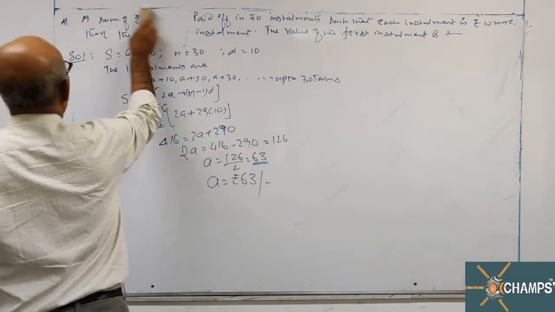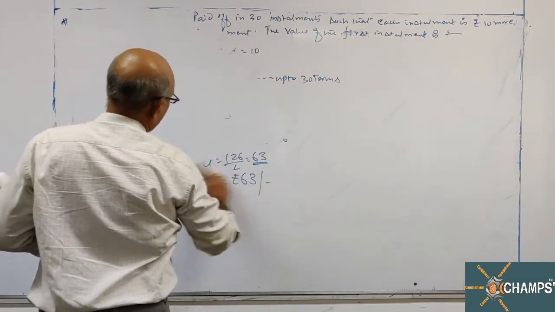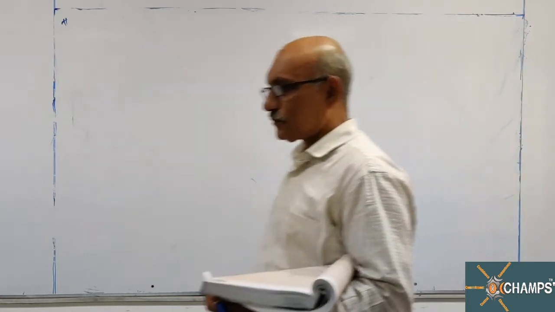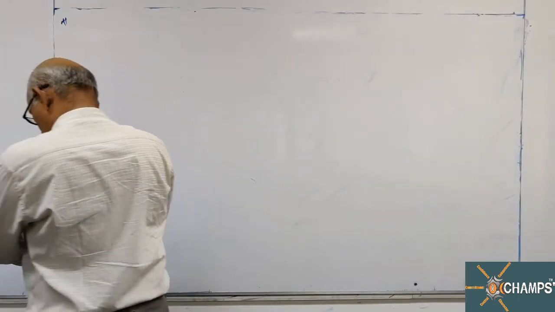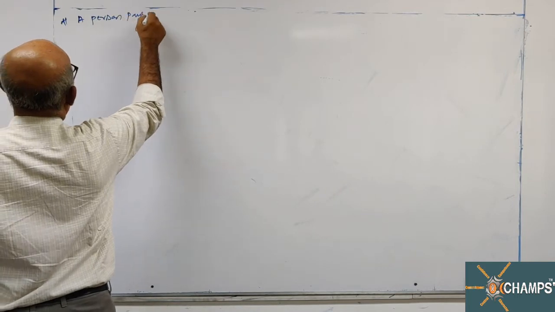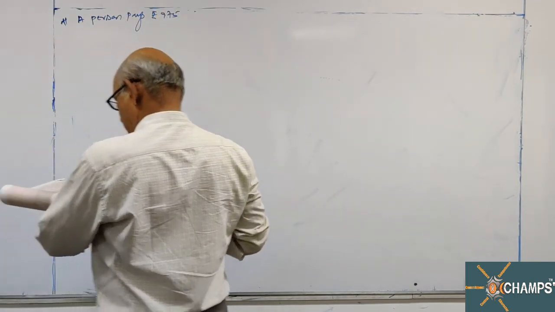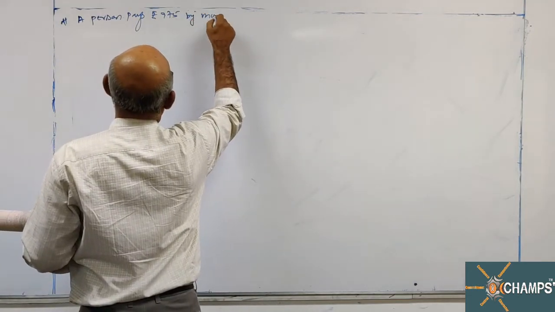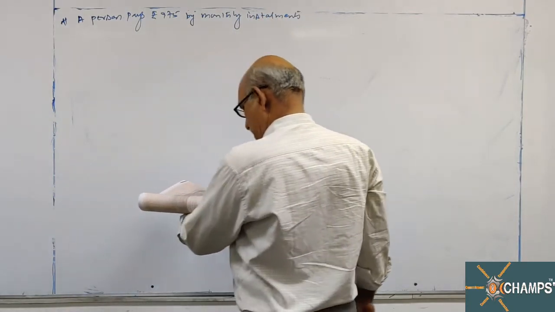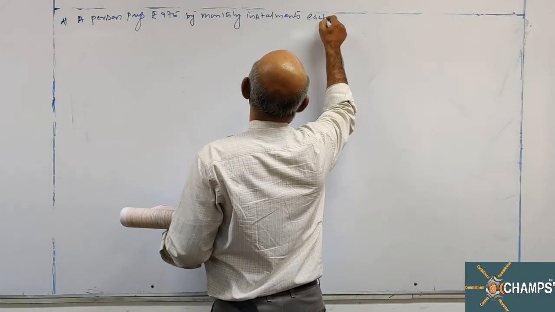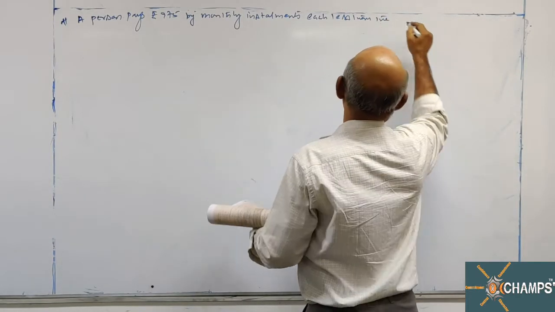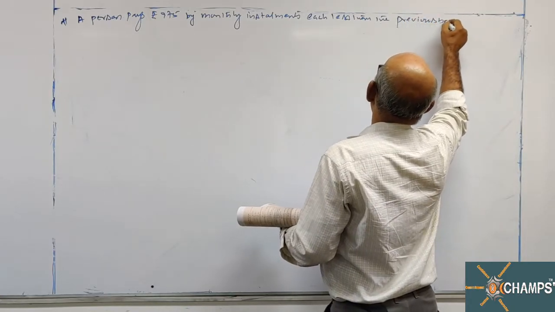Look at the next question. A person pays rupees 975 by monthly installments, each less than the previous by rupees 5.